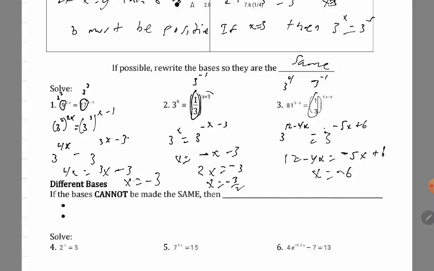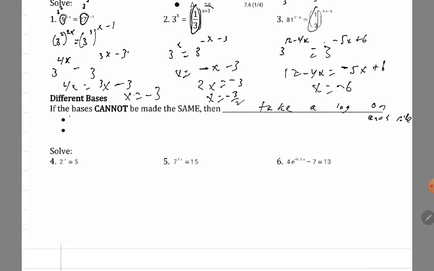Alright, if we have different bases, then we take a log. Take a logarithm on each side. Use the same base.